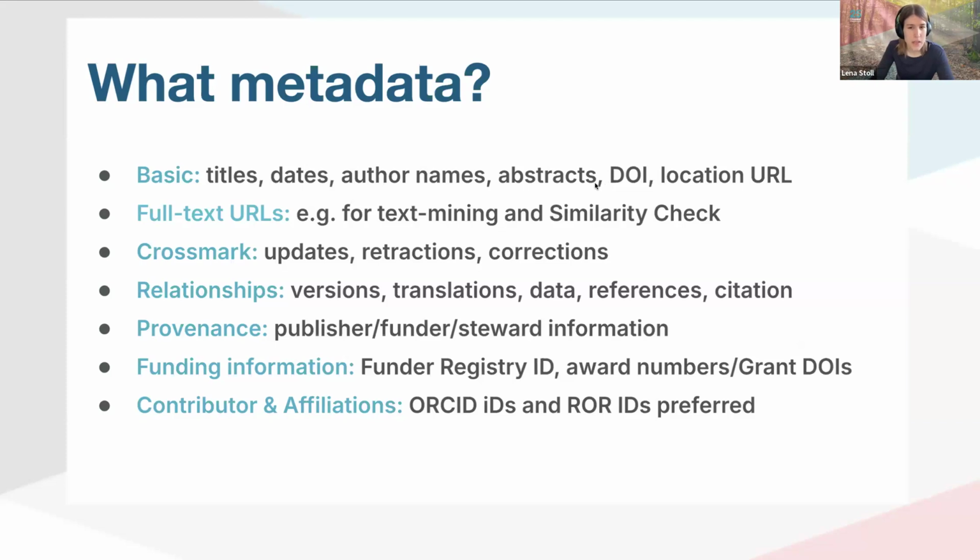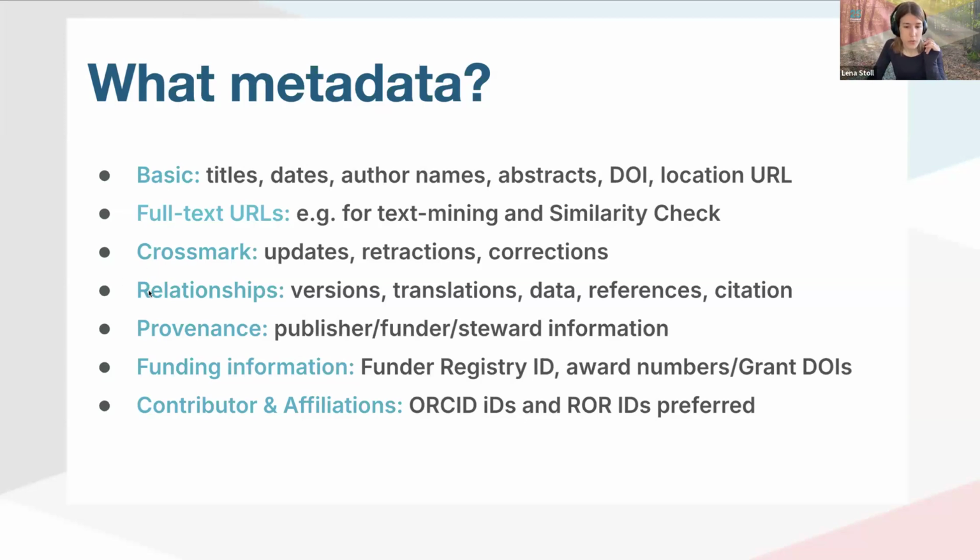There are separate metadata fields as well in our input schema for full text URLs for different applications, such as text and data mining or Similarity Check if you happen to use that Crossref service. We also have a service named Crossmark, which allows you to record updates, retractions, corrections to your content. And in order to participate in Crossmark, you have to link each of your metadata records to an update policy that states how you go about registering updates for your content.